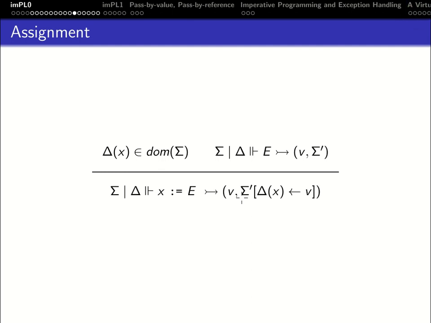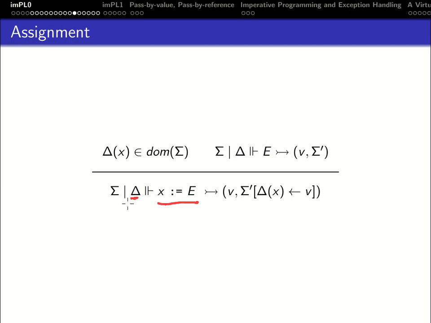So one interesting thing is now assignment. So when we have assignment, the only thing that changes is the state, the storage, the store. x is a symbol, and it must be appearing in the environment, right? Otherwise, we can't make an assumption. We can only talk about this as a valid expression if x already appears here.